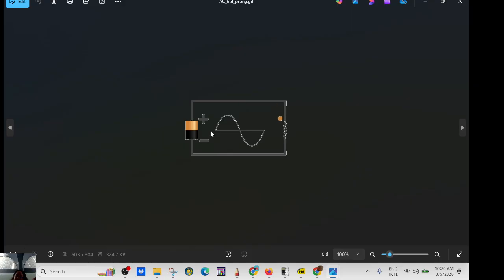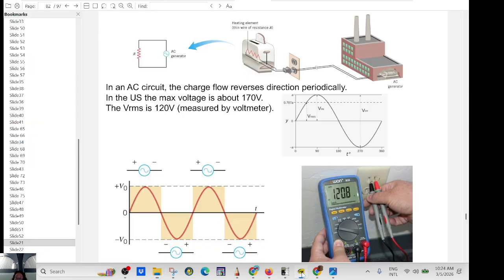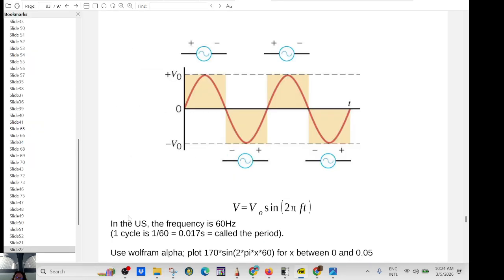Okay, so alternating current, you can visualize it this way. Equation, just a little bit of math. You can try that with Wolfram Alpha. When you have a sine wave, it's always the same equation. You're going to have the max, so in our case, it's going to be 170 volt.